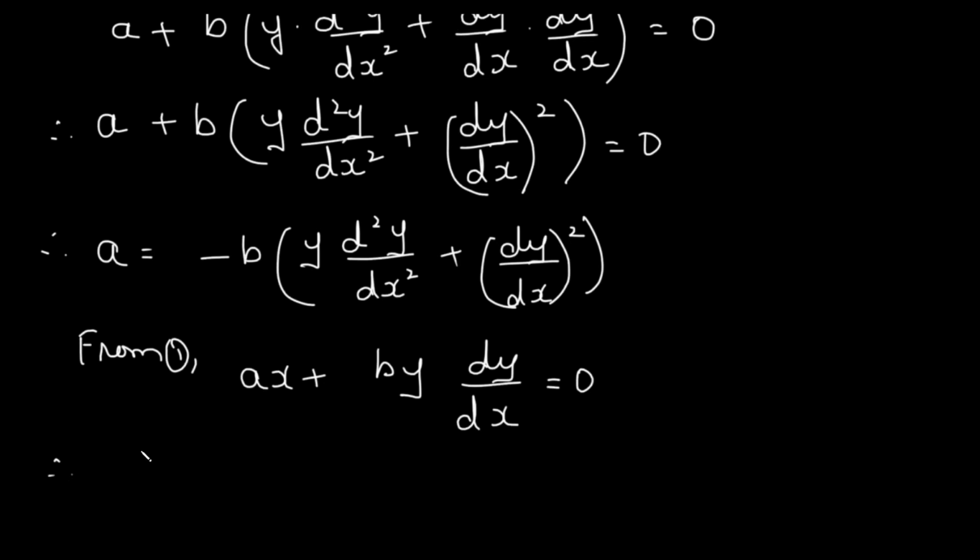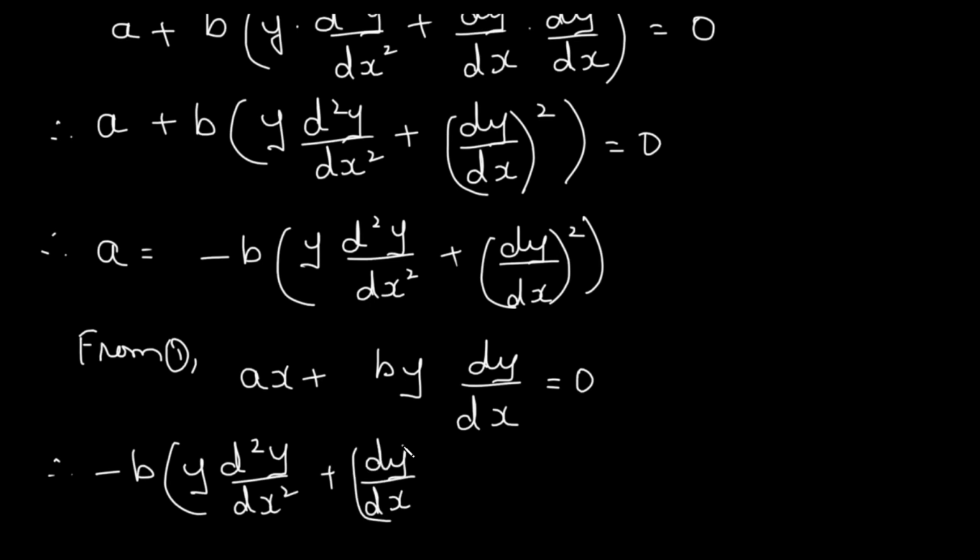So instead of a we put minus b into whatever is present in the bracket, and there is an x over there. So x, plus this term remains as it is, by dy/dx is equal to 0.